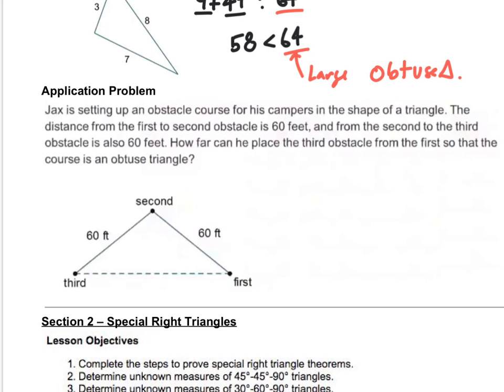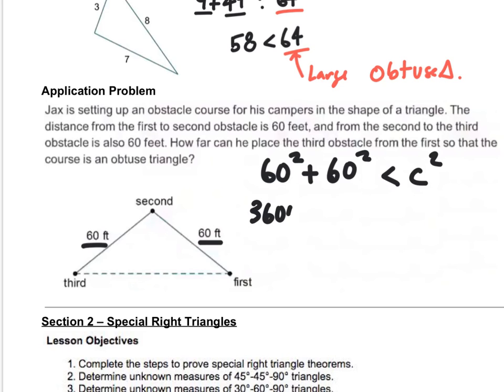If I take these two sides and square them, 60 squared plus 60 squared, then in order to be obtuse, we need a length c, where c squared is larger than the sum of these two. 60 squared is 3,600, plus 3,600 needs to be less than c squared.